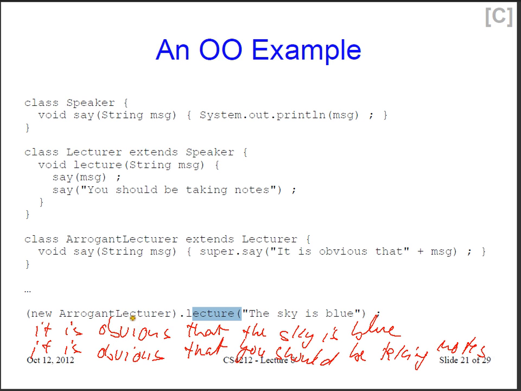Right? So what happens is the following. The arrogant lecturer has a lecture method, right? So this one is called. And the lecture method called say. And the question is now, what say method is it called?